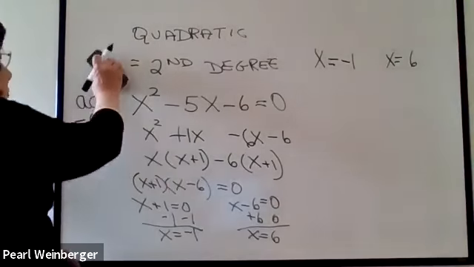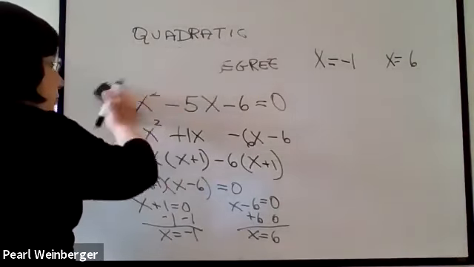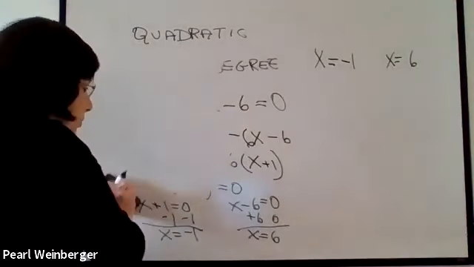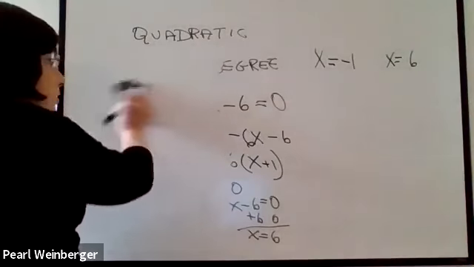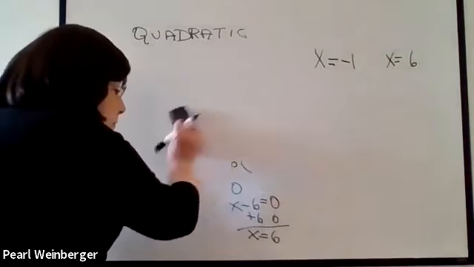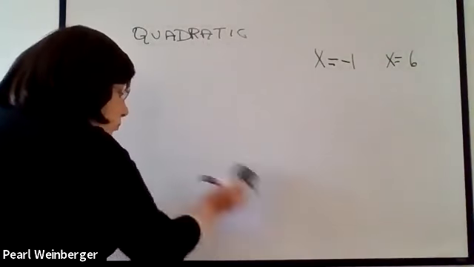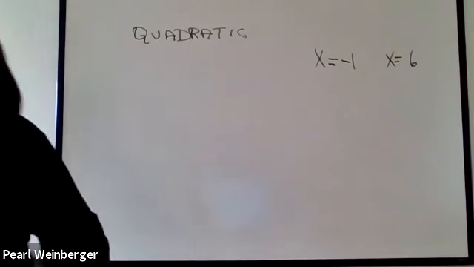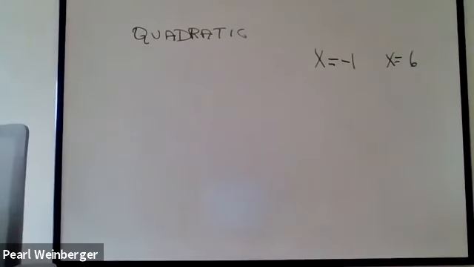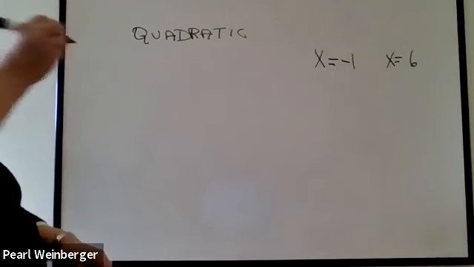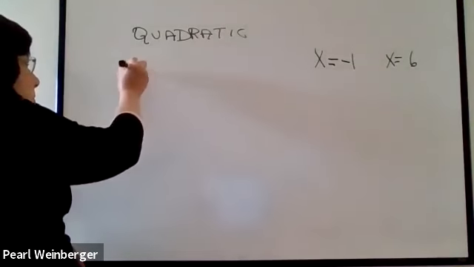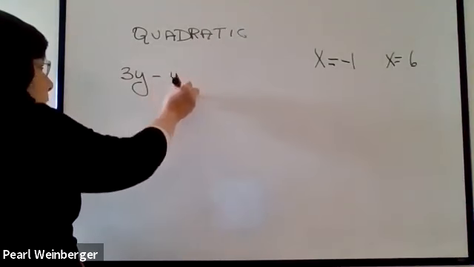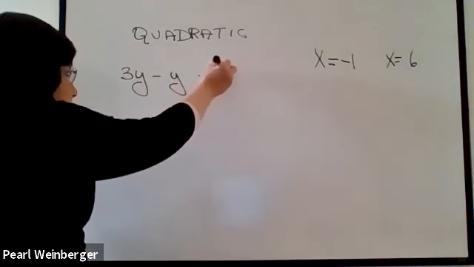Suppose I gave you this example. I'm going to do this one, then you get to do the next one. I have 3y squared minus y equals 4.